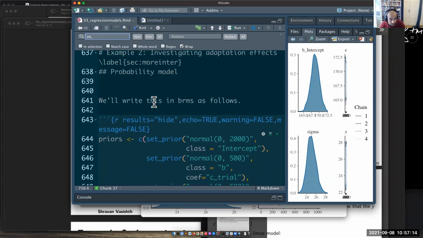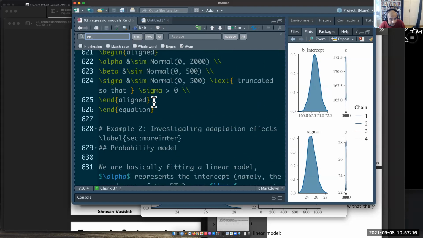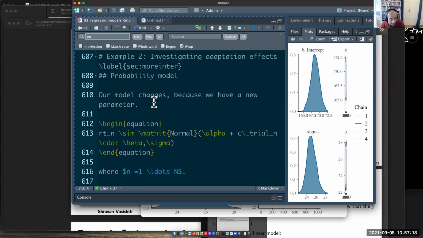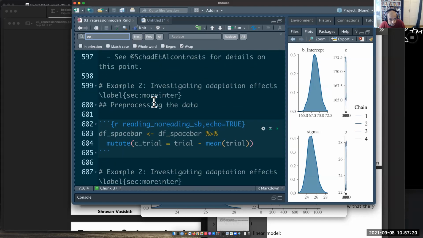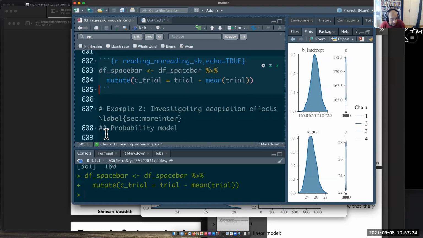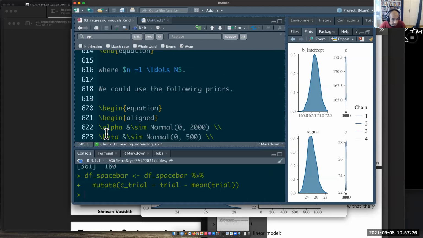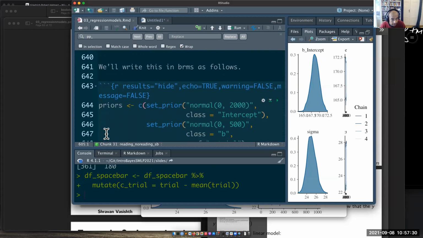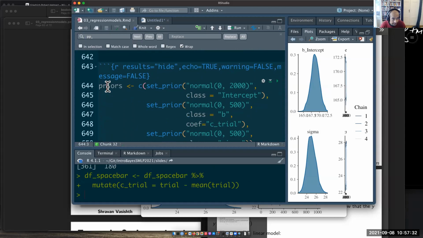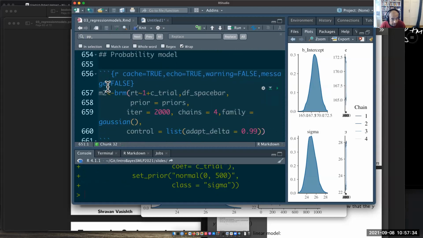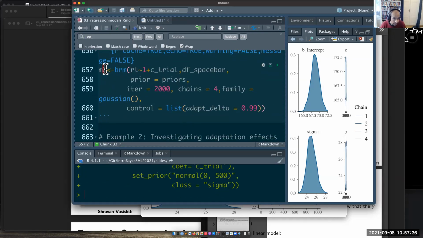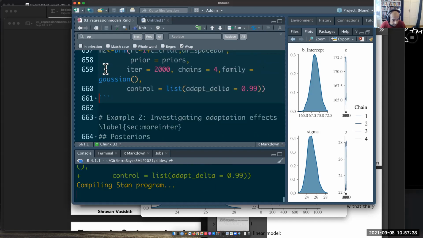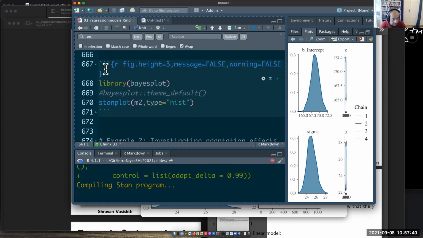So I first have to center my predictor. Centered the predictor. Then I define my priors. Here come my priors, and then we're going to fit the model. Takes a few seconds.